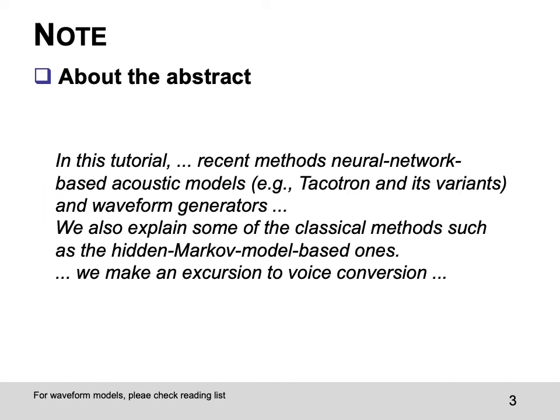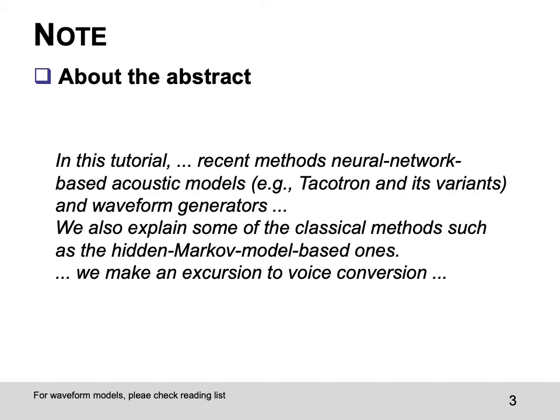For this tutorial, I'd like to first apologize about the abstract. I think in the abstract I mentioned I will explain the recent neural network-based acoustic models, waveform generators, the classic hidden-Markov-model-based approaches, and also voice conversion. But this abstract seems to be too ambitious. I think I can't cover all the topics in 1 hour tutorial.